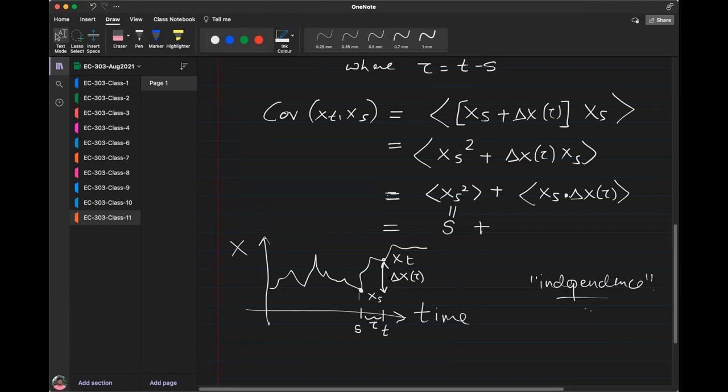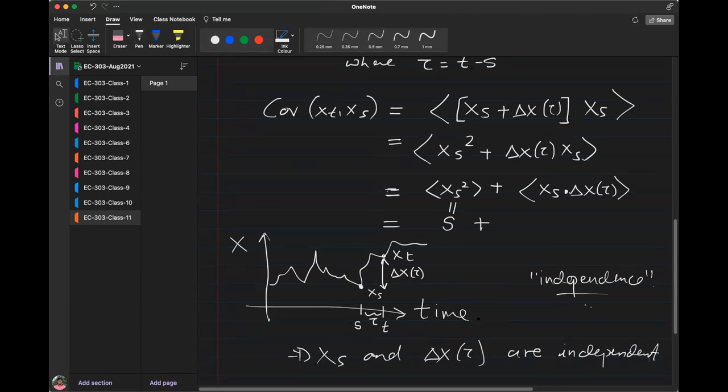Every time step it takes a forward or a backward step, right? So therefore the cumulative steps taken in the following tau time steps have nothing to do with the value of x of s, right? So therefore x of s and delta x of tau are independent.